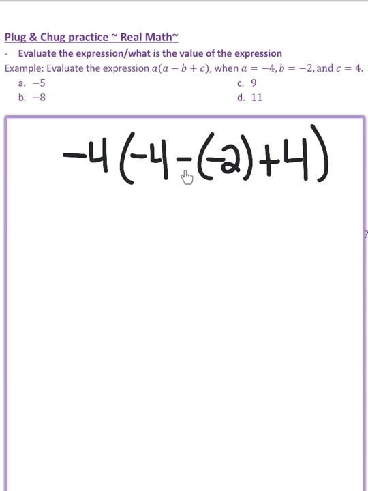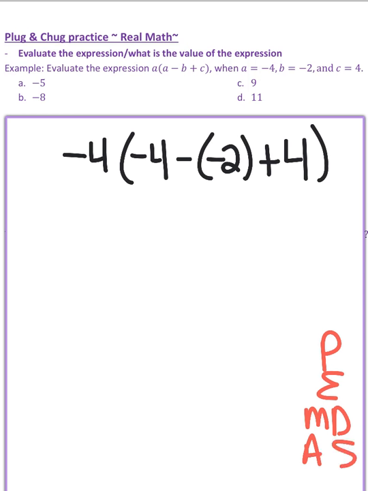This negative is coming from the subtraction sign up here, whereas this negative is coming from B equals -2. So make sure both of those are there in the problem. Okay, order of operations it up. Let's put PEMDAS over here just so we have it as a reference. Parentheses, exponents, multiplication, division, then adding and subtracting.